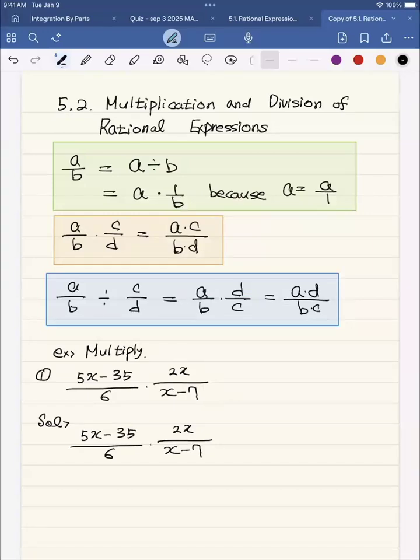5.2 is about the multiplication and division of rational expressions. When we have number a over b, the meaning of that fraction is a divided by b. That can be also written as a times 1 over b because a is indeed a over 1.